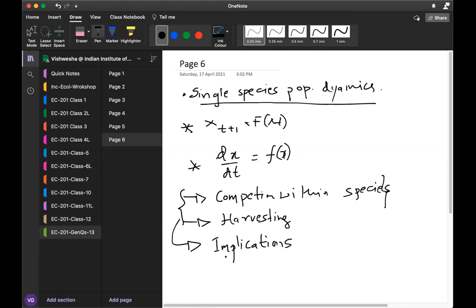So I think there are two main purposes of writing these kinds of mathematical models. One is that by writing mathematical models, we make our arguments a lot more precise, and we exactly know what assumptions we are making, which are important and which are not so important.